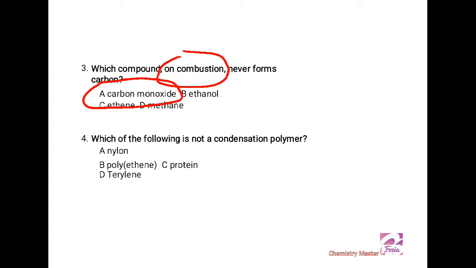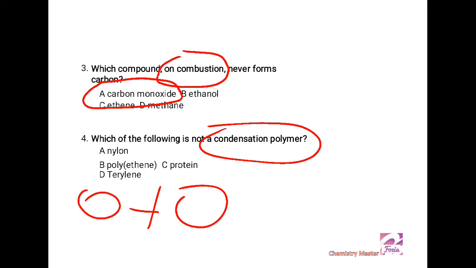Then the fourth MCQ is, which of the following is not a condensation polymer? Condensation polymer is that compound in which two smaller compounds are linked when a water molecule is removed. So this is the condition for their condensation, for their linkages.